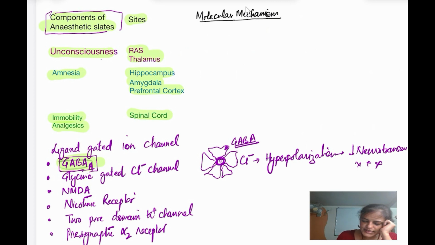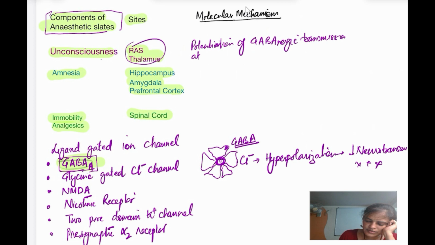Now unconsciousness and how it is produced by this. So unconsciousness that is mediated by potentiation of GABAergic transmission, where at these two sites, RAS and thalamus.